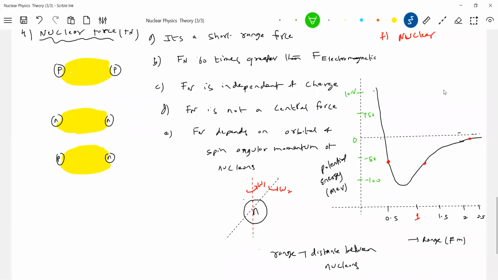So they're short range forces. At around 2 to 2.5 femtometer it almost becomes 0, and at 8 femtometer there's no interaction between the nucleons.